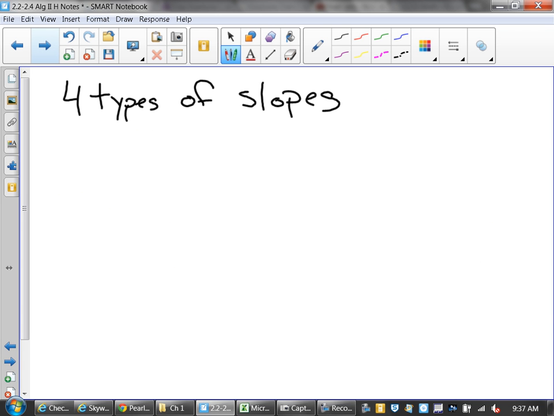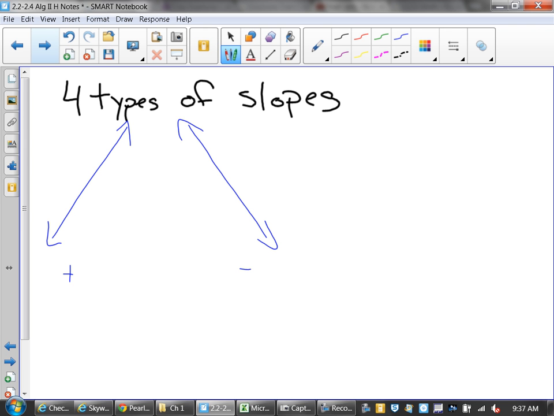Now, if it's a positive slope, what direction is it going from left to right? It's up. Okay, from left to right it's going up. That's a positive slope. Then negative would be down the other way. What is the zero slope? It's horizontal. You know why you remember that?